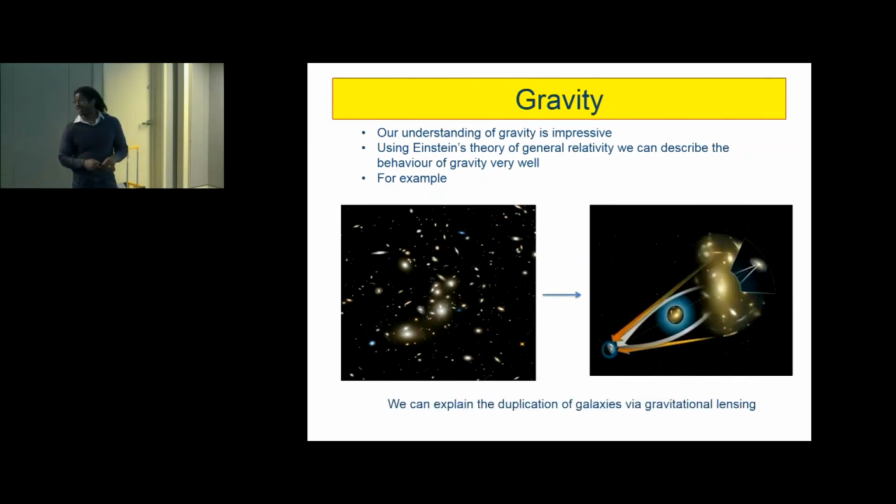If you look at this image, this is a side-on image. This is Earth, this is the cluster of galaxies we're looking at, and what we have is a black hole in between us and that cluster of galaxies. Let's look at one galaxy. Light would normally shoot away to somewhere else and wouldn't come to us, but we've got a black hole that bends this light back to us, and we see it at Earth.